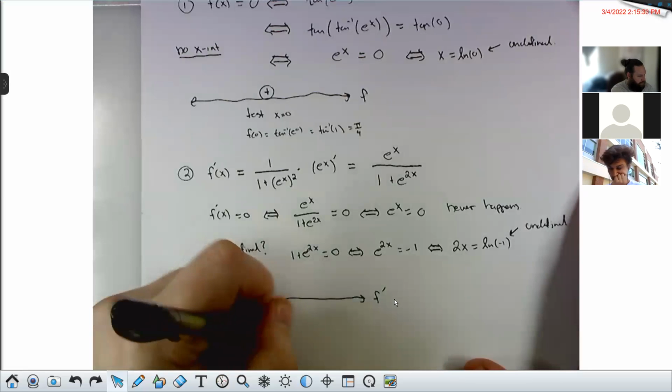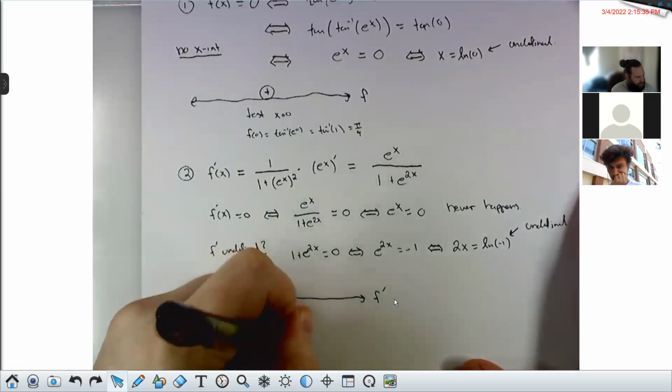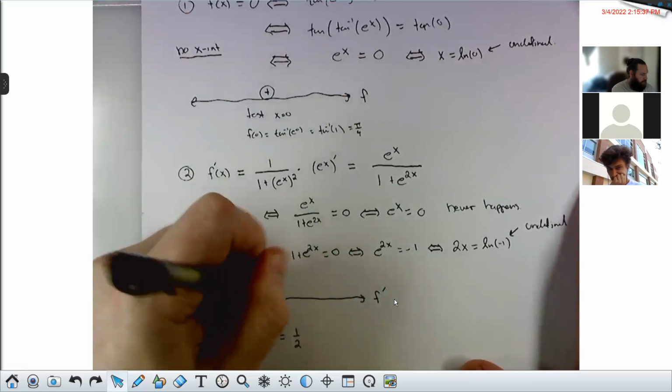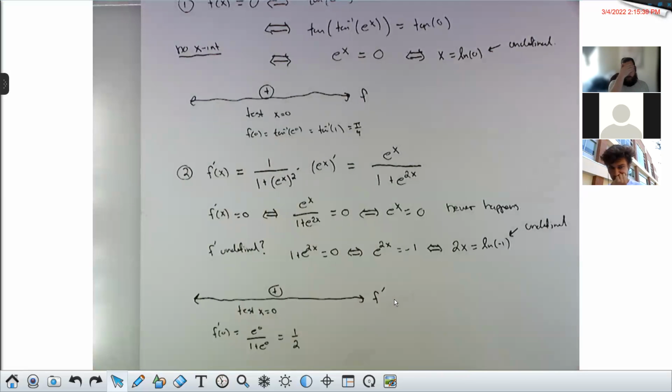So that's 1 over 1 plus 1, it's 1/2. In particular, it's positive. So f prime is positive everywhere, just like f. So my function's graph is always above the x-axis. That's what we learned up here. And my function is always increasing. That's what we learned here. Questions so far?